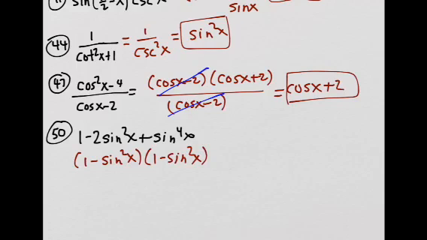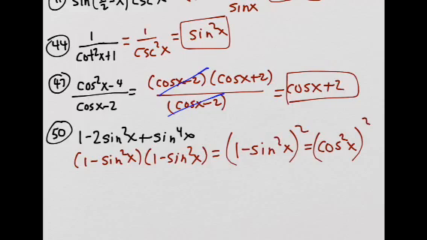Okay, so I factored it. I can write it as 1 minus sine squared x, squared, because there are 2 of those. And 1 minus sine squared x is cosine squared x, squared. And then to get rid of the parentheses, it looks like this.